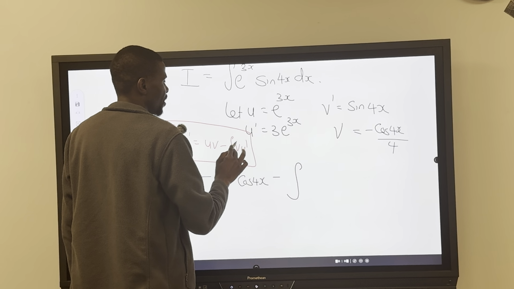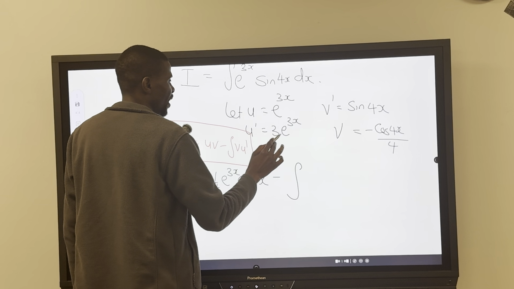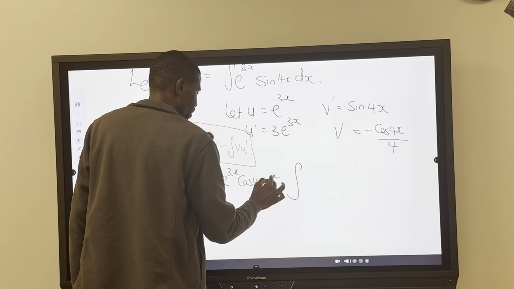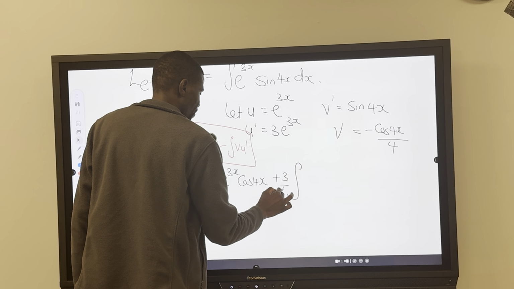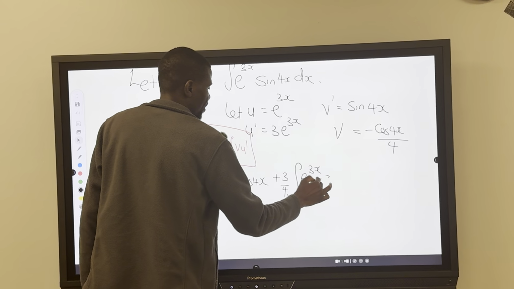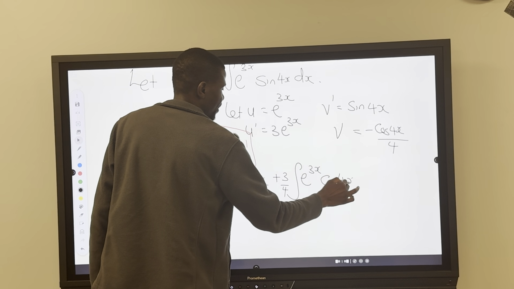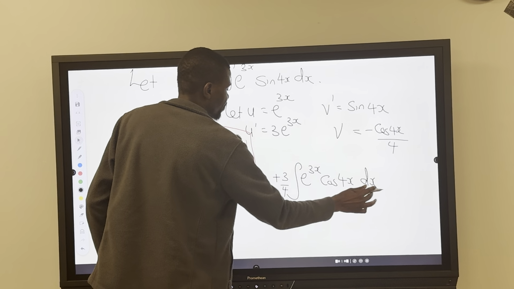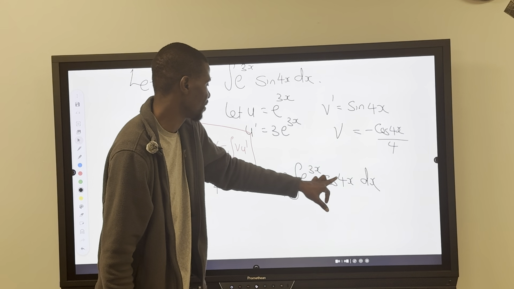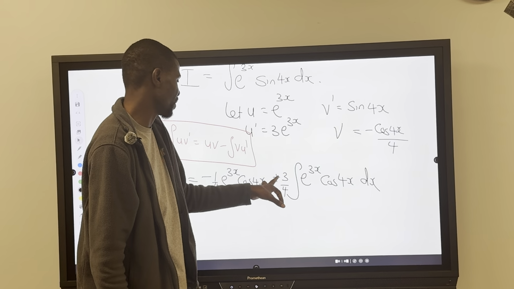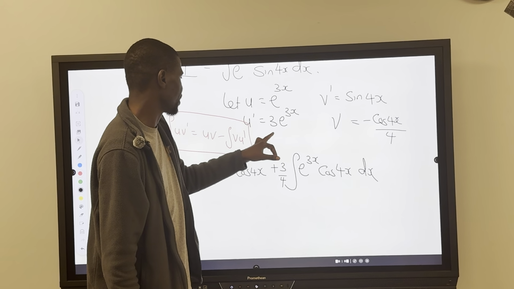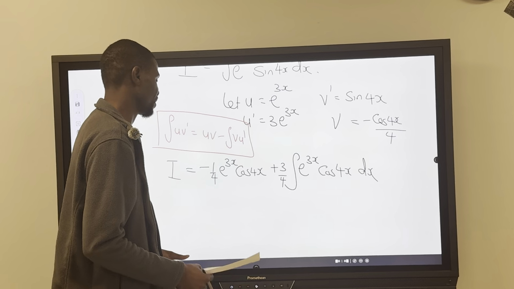So allow me to take this negative and negative, it becomes positive 3 over 4, e to the 3x cosine of 4x with respect to x, because it was now v, and du is 3, so I just take out the constant.